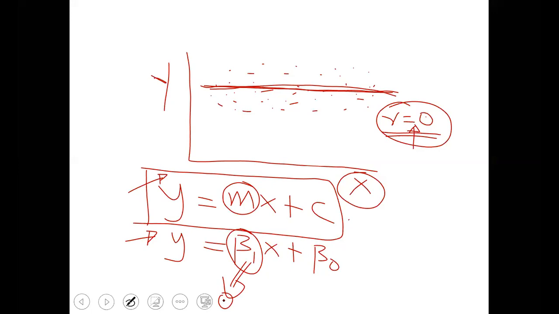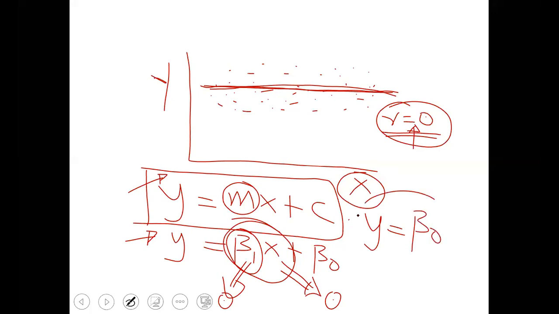There is no slope, right? If the slope is equal to 0, this whole component becomes 0. So y is equal to beta naught. For this equation, y is equal to beta naught in this case. So now it does not depend on x. So no relationship.